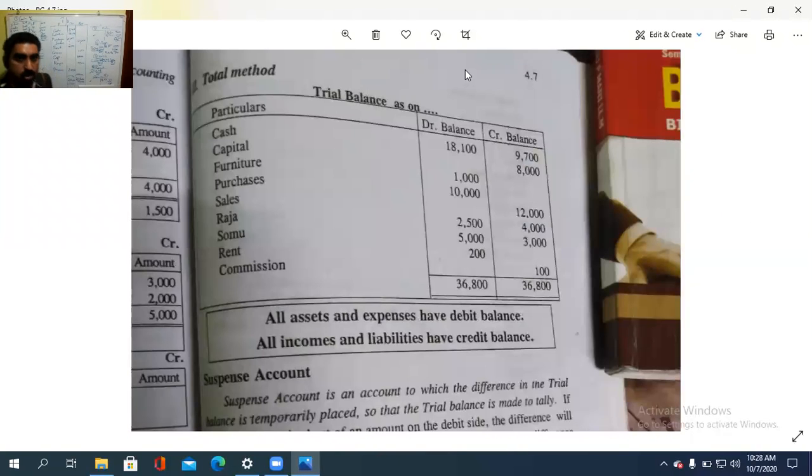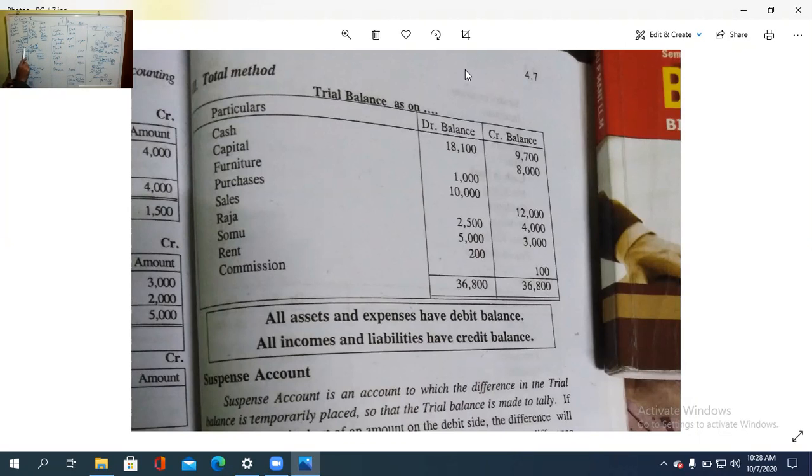Total method in the sense means we are taking the totals only, like cash 18,100 instead of 8,400, we are taking. And on the credit side, it is 9,700. This is the total. See, cash, both sides are to be put. Furniture only one side, that is 1,000.